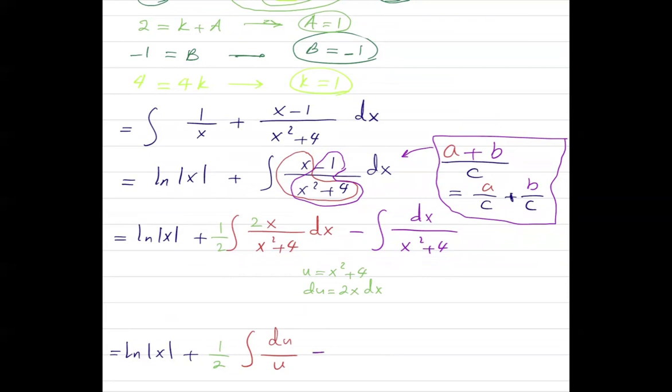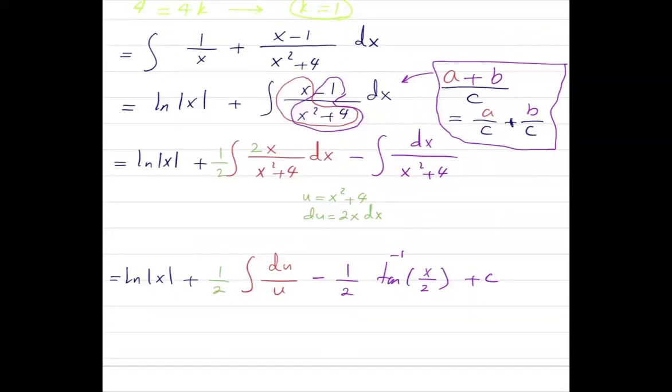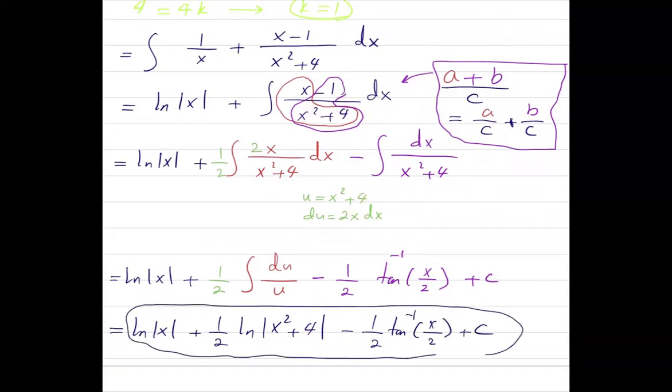When you have the integral of dx divided by (x squared plus 4), it is basically a half inverse tangent. So here you have negative a half inverse tangent of x divided by 2 plus the constant of integration. Let us take this middle integral as well. So you have a half ln of the absolute value of u, which is x squared plus 4, minus a half times inverse tangent of x divided by 2 plus the constant of integration.